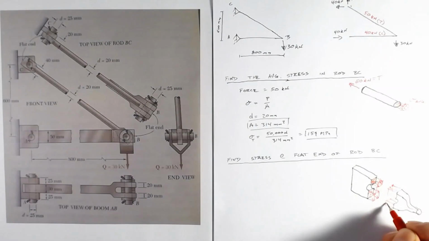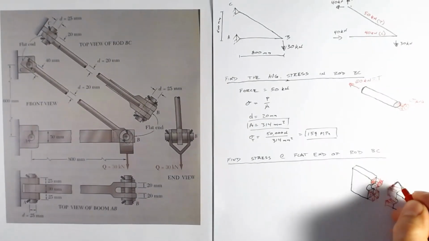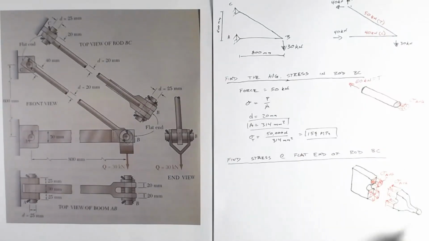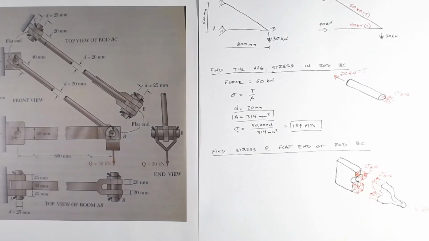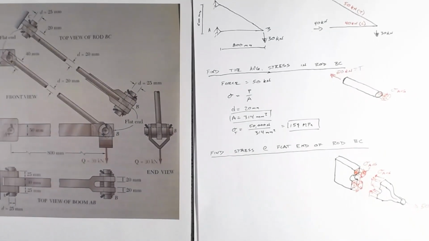Maybe you can see that a little bit better on this end. So that would be our average stress, and that's the magnitude. And that's going to be resisting this 50 kilonewton load. That's our little diagram of what it looks like.